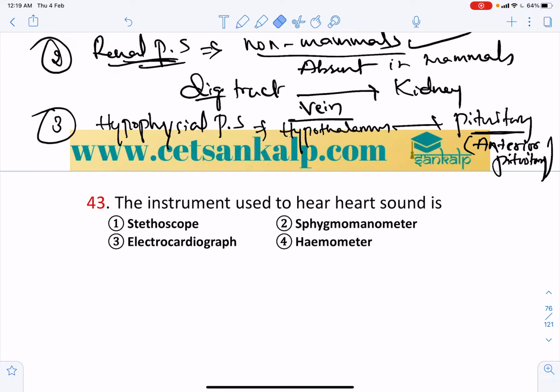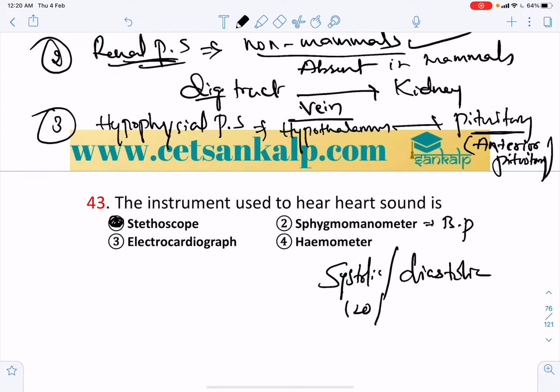The instrument used to hear heart sounds. In the previous class we discussed that it is a stethoscope. And what is a sphygmomanometer? We know that it is generally used to measure blood pressure, systolic over diastolic pressure, that is 120 by 80 mm Hg. An electrocardiograph is a device to know the electrical activity of the heart.